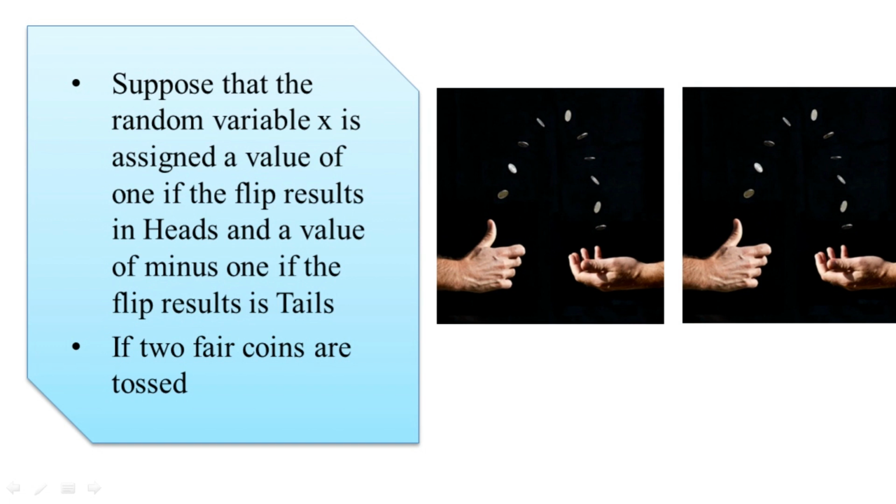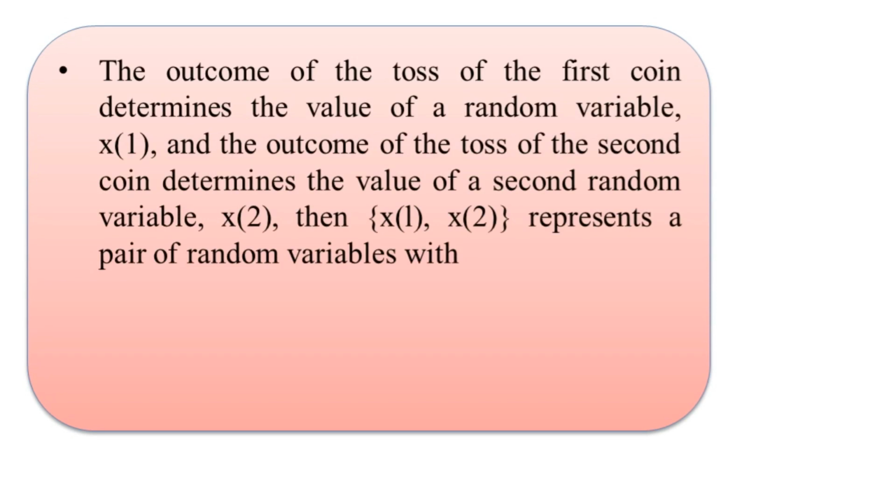In the previous case, for only one coin, we assigned the random variable simply as x. Now in this example, as it involves two fair coins, the outcome of the toss of the first coin determines the random variable that we can denote as x(1).